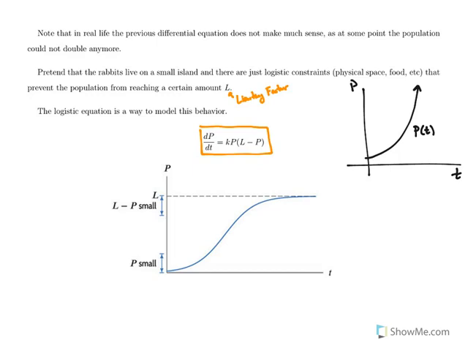We have at the beginning the same exponential growth that we had before. But then it's going to trail off and it's going to approach that value L. And that's what that L minus P is talking about. It's kind of like an inverse exponential graph there.